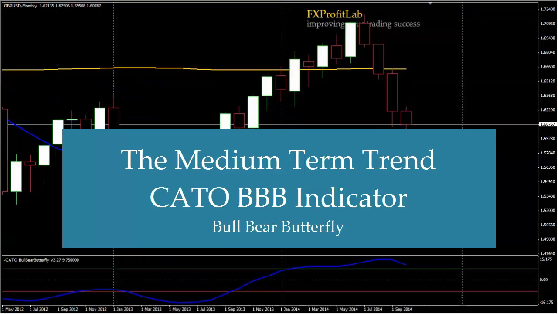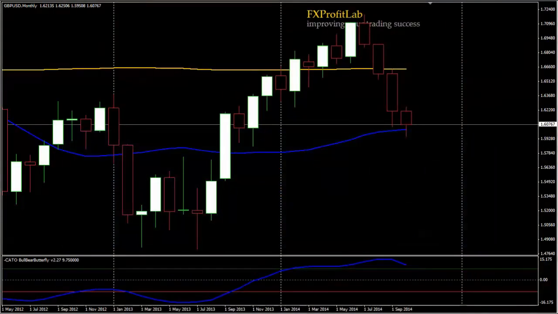So I created a thing called the Cato Bull Bear Butterfly Indicator. And it's basically an indicator which takes a huge amount of information, does a calculation on it, does it all in live real time, and shows you where you stand. Essentially, this works like this. This blue line will be rising when price is rising.